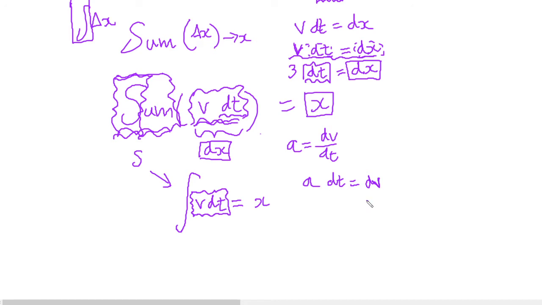So surely, if you sum up all the little changes in velocity, dv, that's going to be equal to summing up all the little changes in time multiplied by the acceleration that they experience at that time, or the integral of a with respect to time, or the integral of a dt is equal to the integral of dv.